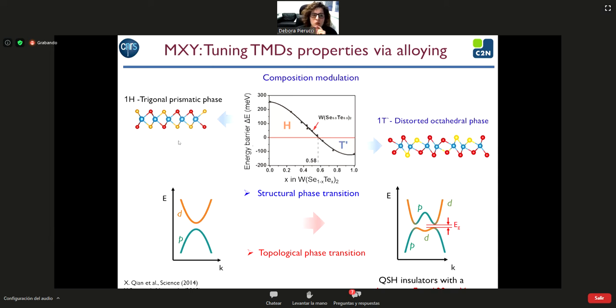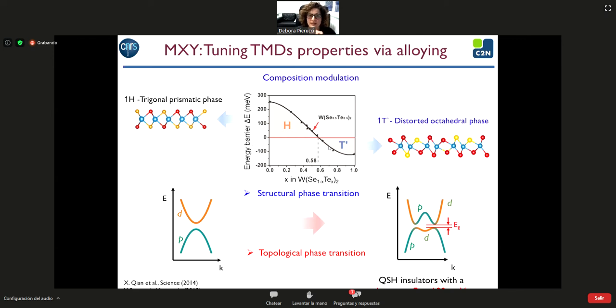In particular, we can go from a standard trigonal prismatic phase, the phase that we have in the standard TMD, to a distorted octahedral phase. This is very interesting because, as you can see here, for a tellurium composition of about 0.58%, the barrier to go to this other stable configuration is 0. So this transition is possible by tuning the composition.